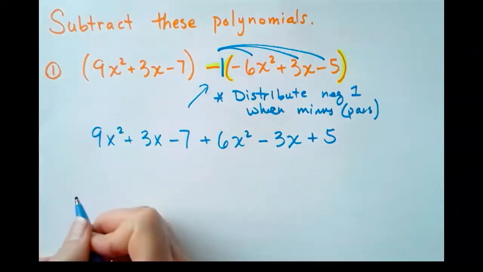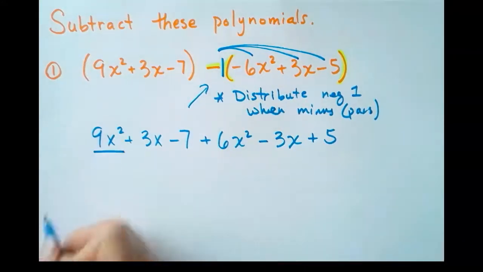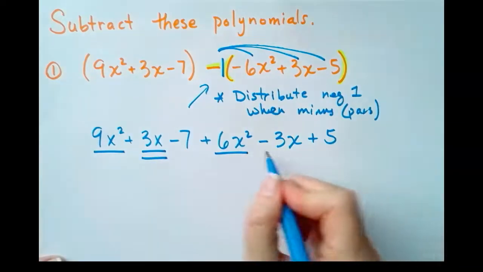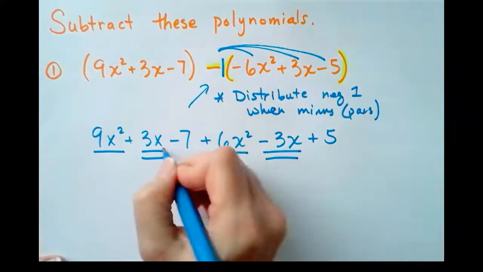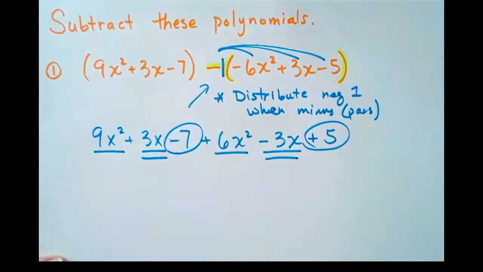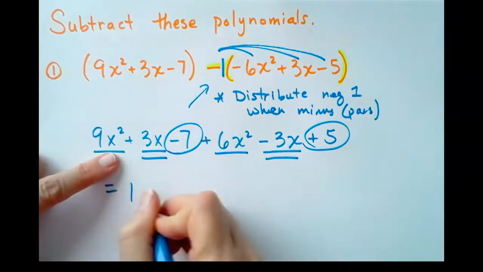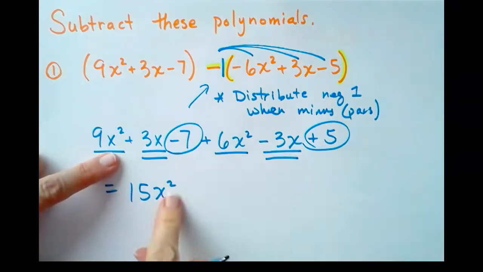So now we're going to line up our like terms. So I'll just do this one horizontally. There's an x squared, there's an x squared. There's a 3x, there's a negative 3x. There's a constant, there's a constant. So from here, add the like terms. 9x squared plus 6x squared is 15x squared. Once again, the exponent never changes when we add or subtract.